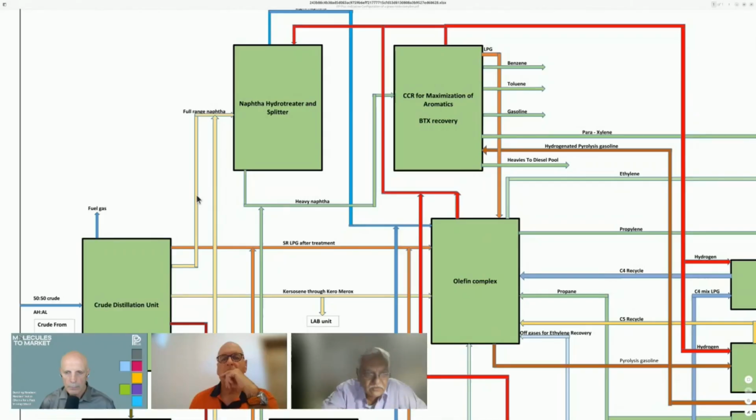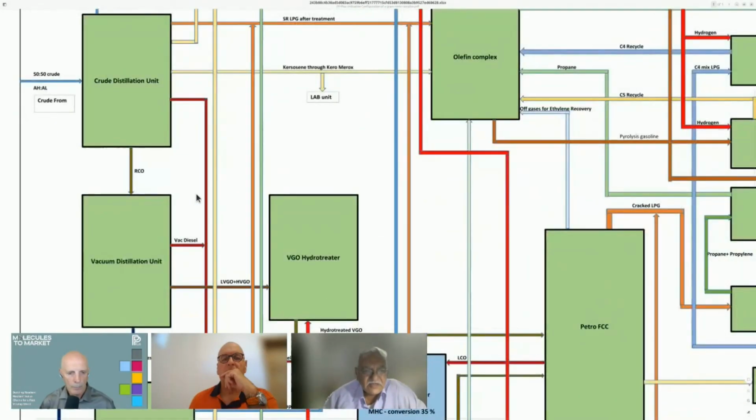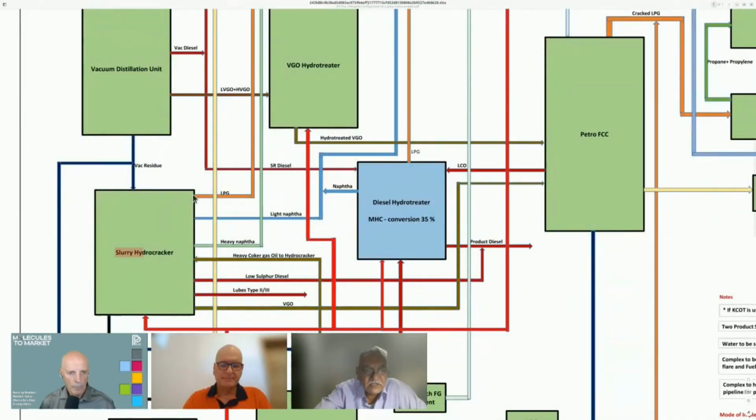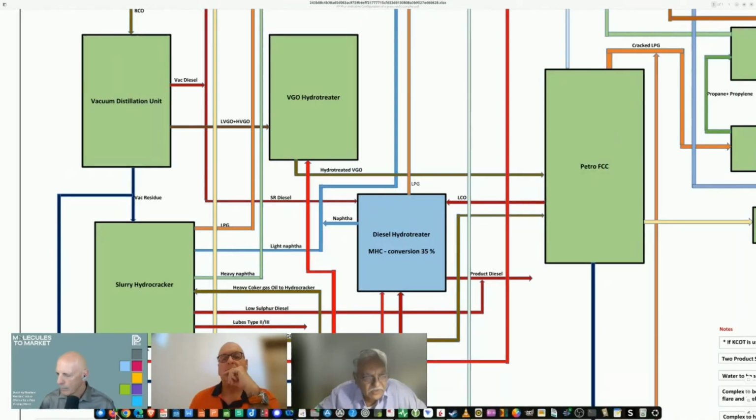Let's go down a little bit further. Just keep it slightly up. VGO hydrotreater. I want to be there. So VGO hydrotreater, again, a technology which is available both with UOP as well as with Axens. But in India, when we do VGO hydrotreater, Topsoe is another player.